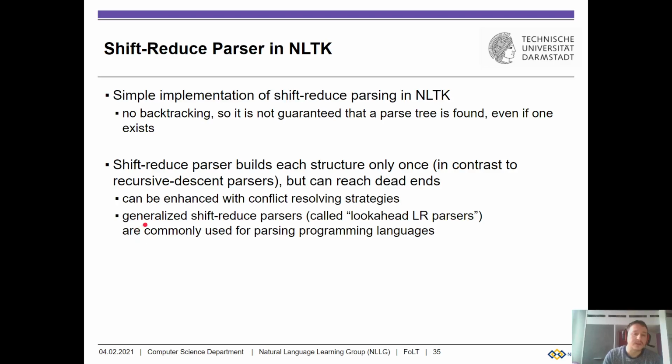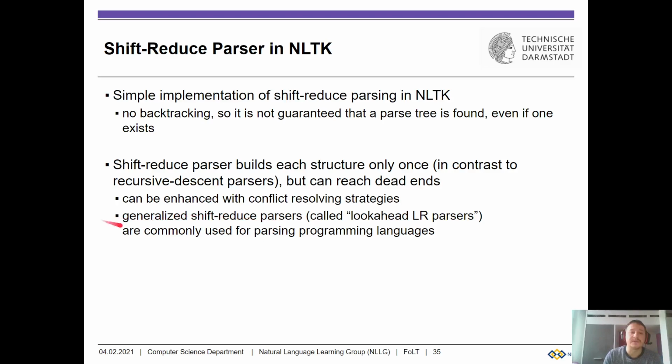There's also something called generalized shift-reduce parsers, which are commonly used for parsing programming languages. So with such parsers, of course, you can not only parse natural language, such as English, German, or French, but you can also parse programming languages, such as Python or Java. And for this, you can also design grammars and then parse novel code with a shift-reduce parser.